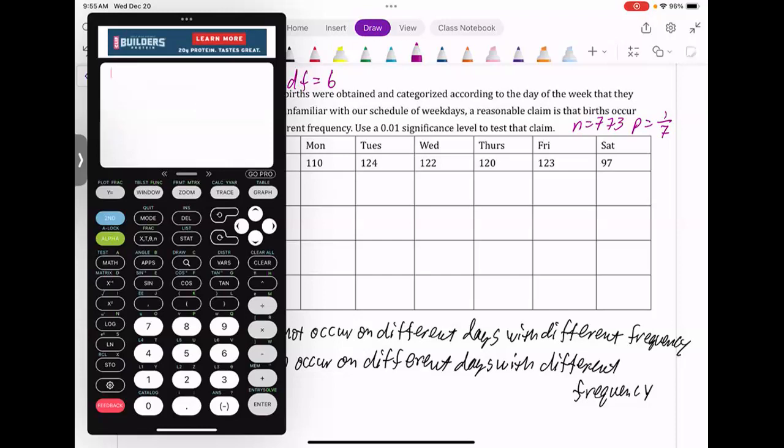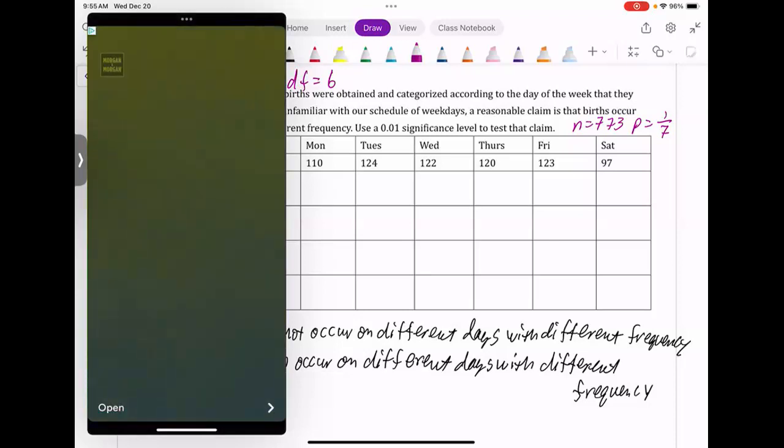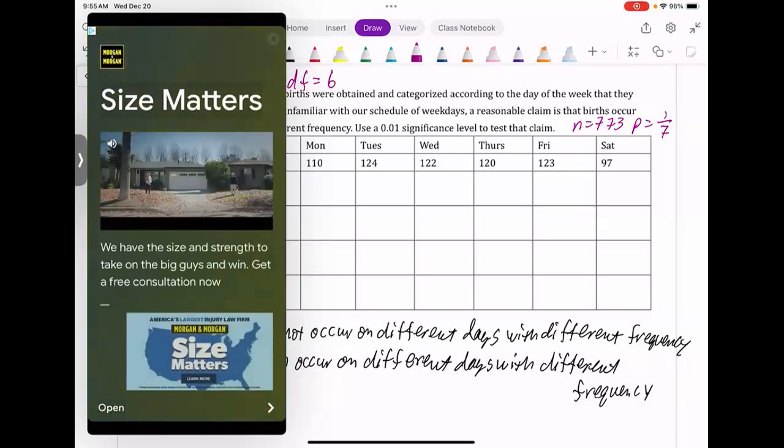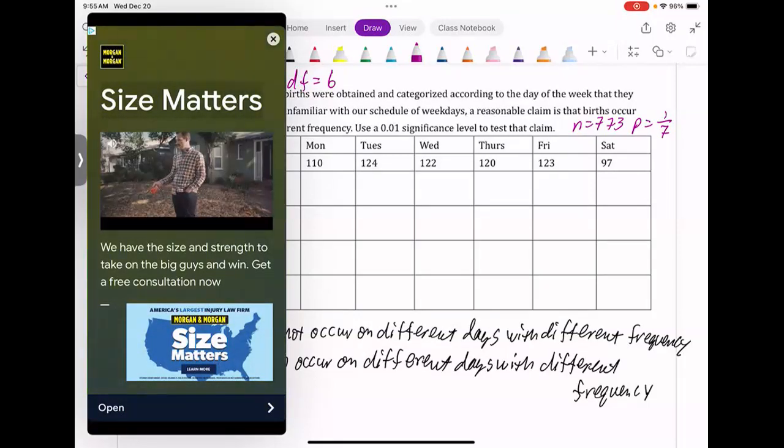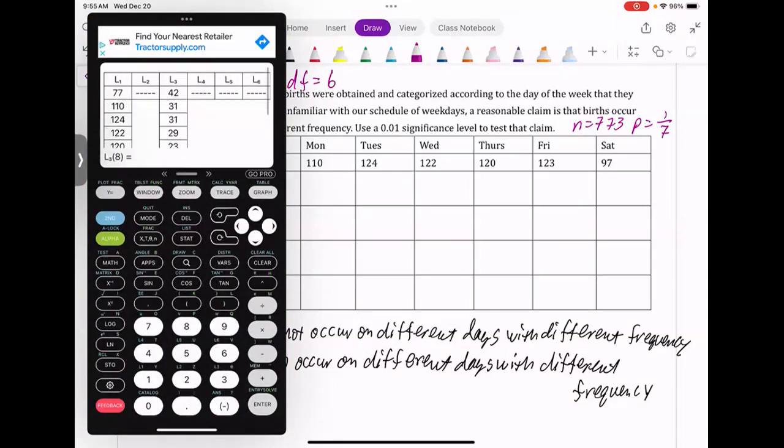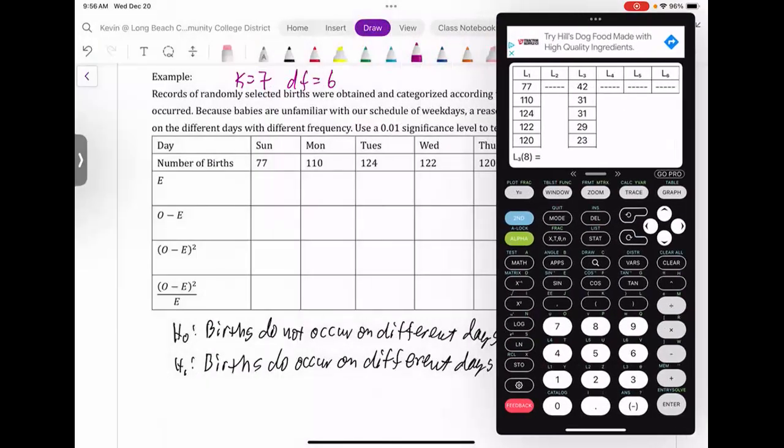And here's the reason I'm doing this. I'm going to go to lists. Let's see. Okay. So you'll notice that in list 1, I have my Sunday is 77, then 110, 124, and so on. So there's my list 1. My list 2 is going to be my expected.